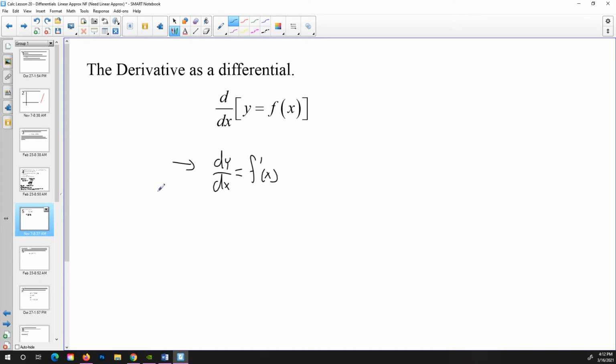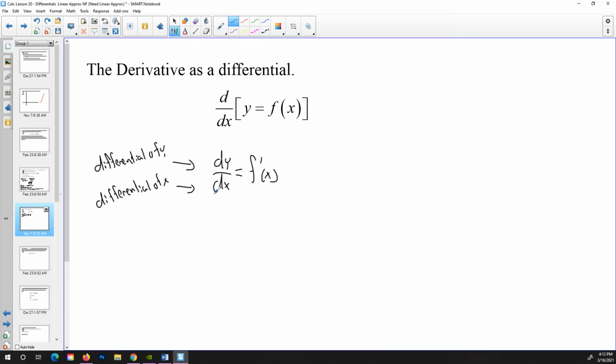Now, this and this, we've said it before, but this is the differential of y, and this is the differential of x. Now, you see me use this notation a lot. And the reason that I do it is because I want you to be comfortable with the fact that this thing here is a fraction made up of differentials.